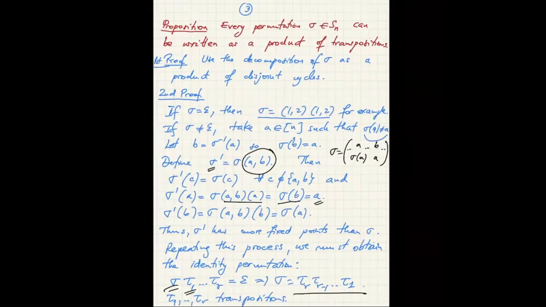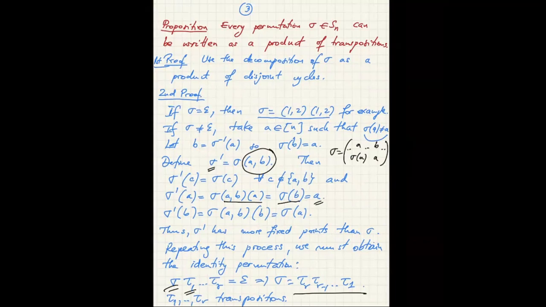Now, related to this problem of decomposing a permutation into a product of disjoint cycles is writing a permutation as a product of transpositions, not necessarily disjoint. This is a proposition stated there in red: every permutation in Sn can be written as a product of transpositions.